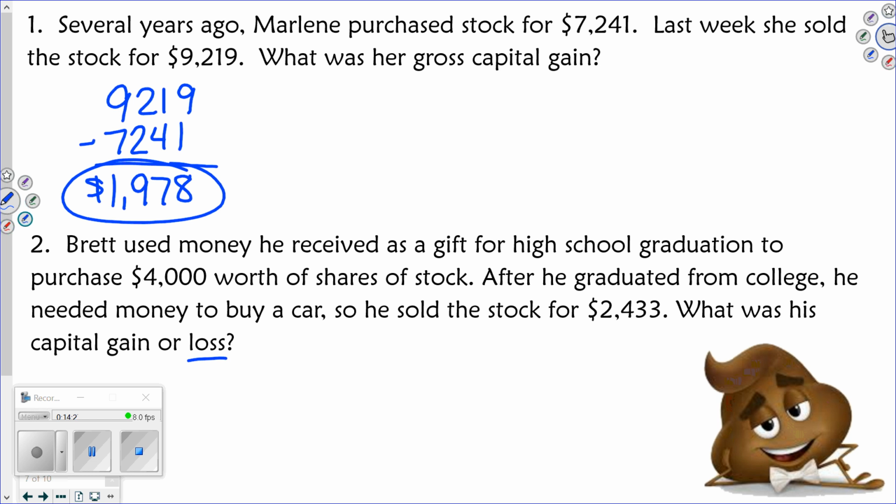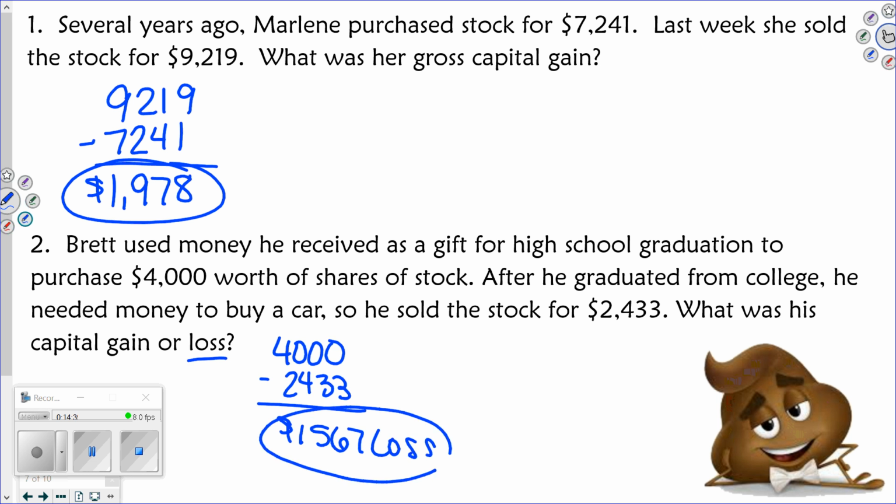So how much did he lose? I can just subtract. So he lost $1,567. Poor guy. Should have just taken the money right after high school and bought a car. He thought, oh, I know the stock market, I'm going to double my money. It didn't happen.